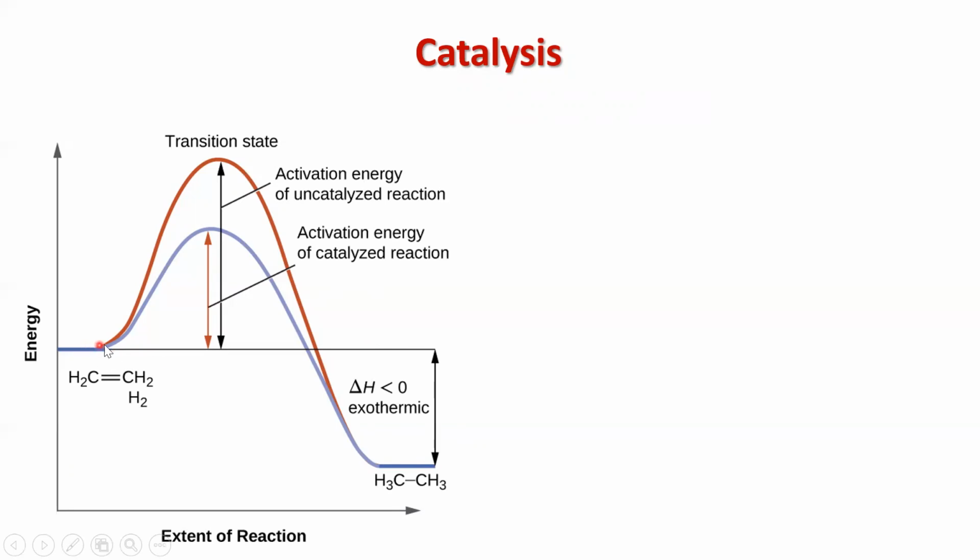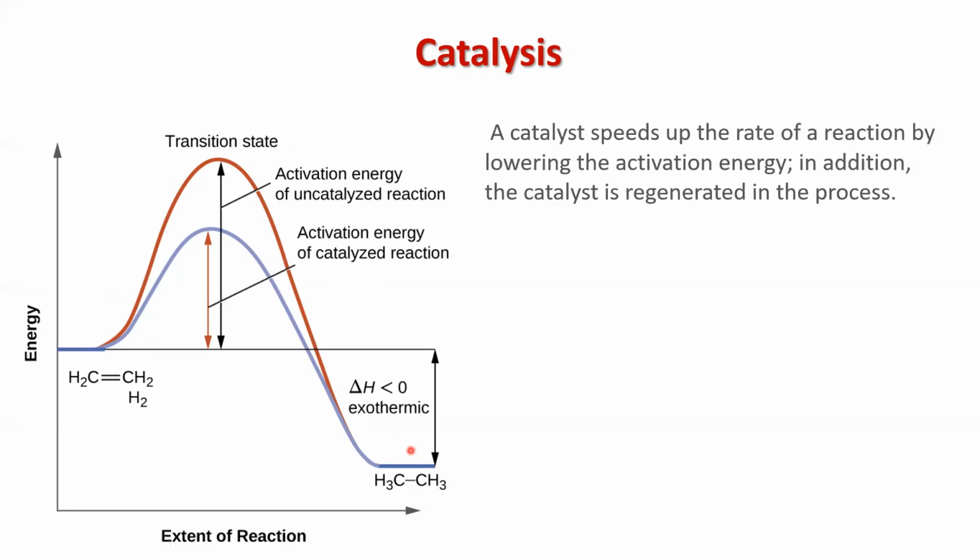And the red curve here represents an uncatalyzed reaction. So the reactants have to have this much energy in order to get to this transition state where we're breaking bonds and rearranging atoms and then making new bonds to produce our products.